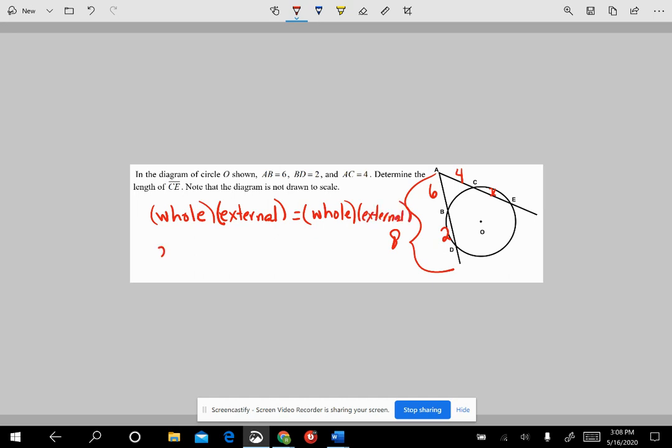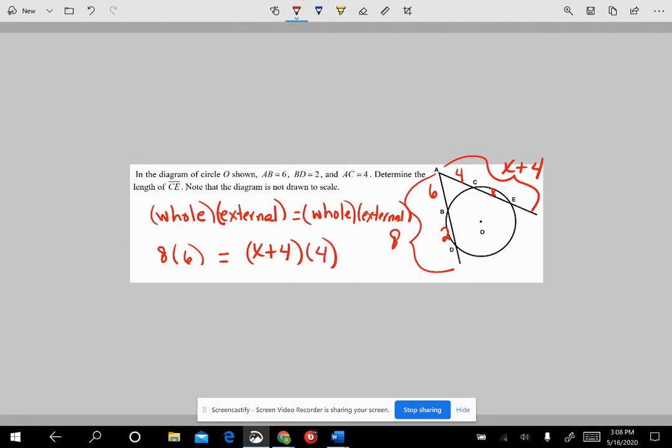So the whole secant of 8 times the external part, which is 6, will be equal to the whole secant, in this case x plus 4, times its external part, which is 4.